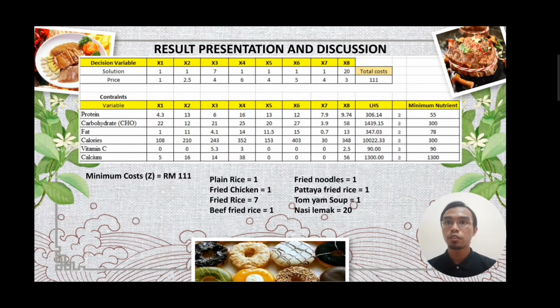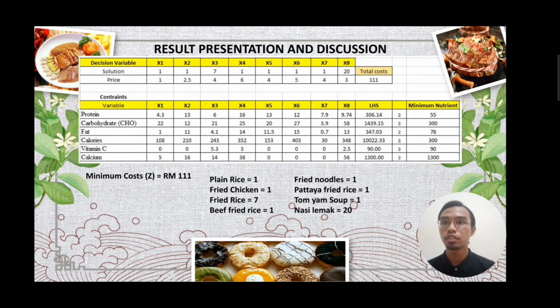Okay, now for the result presentation and discussion. As you can see, we have 8 decision variables, and after we solved using Microsoft Excel, we got that all of the decision variables have a value, but x3 and x8 have values more than 1, where x3 is 7 and x8 is 20, and the total cost is RM 111.